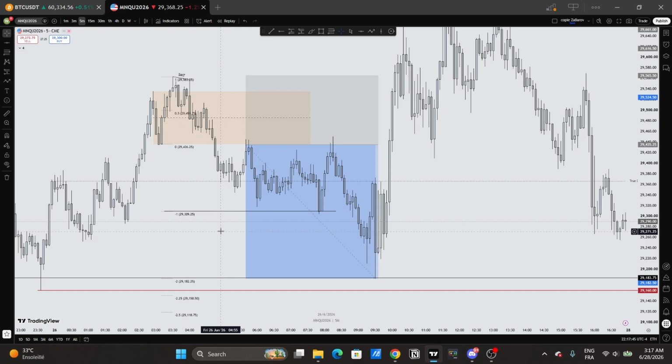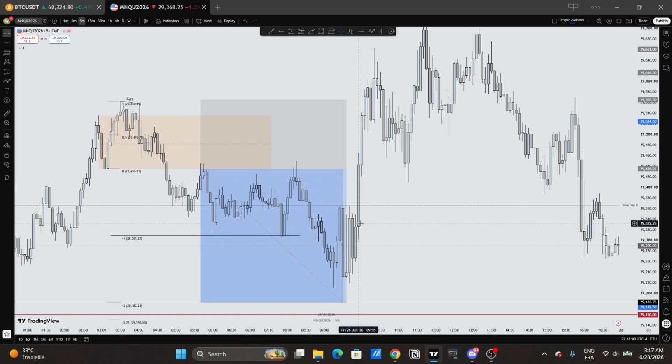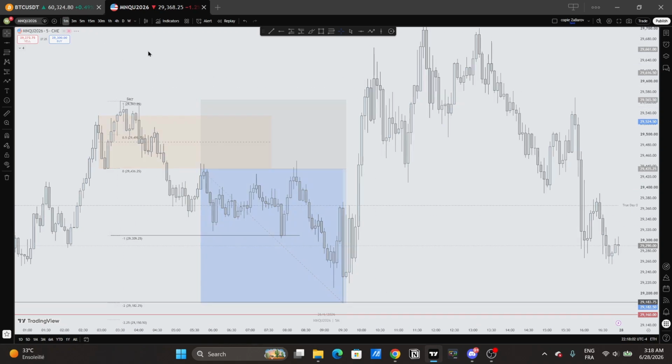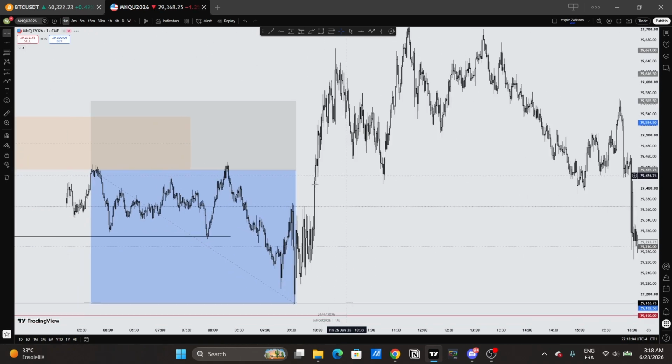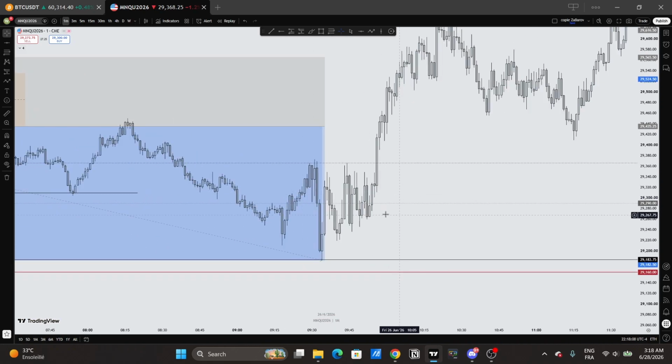I'm not much of a top or bottom seeker who takes random levels. Every time the market hits a level, I don't take a trade from there. What I do is go down to the 1 minute and try to find something to ride with.